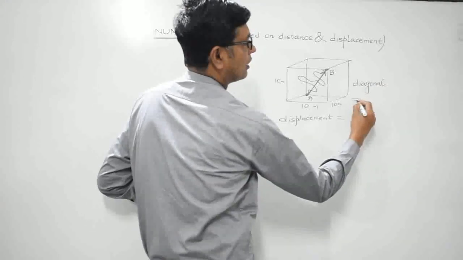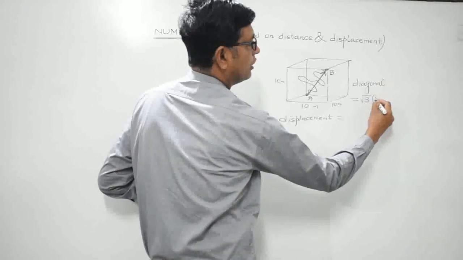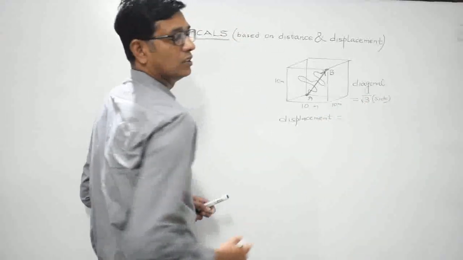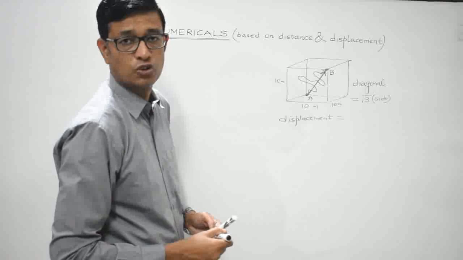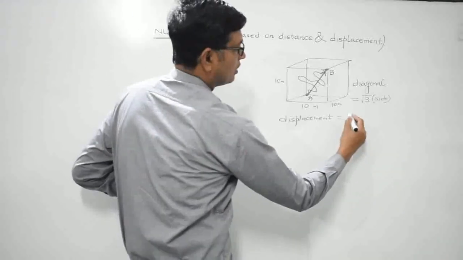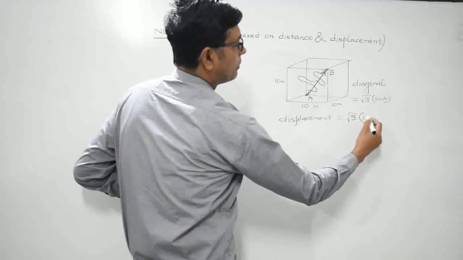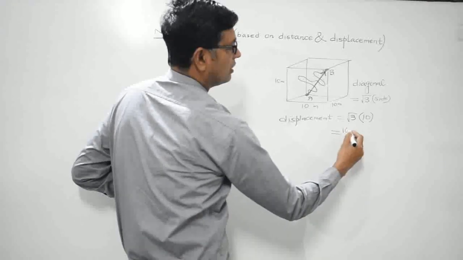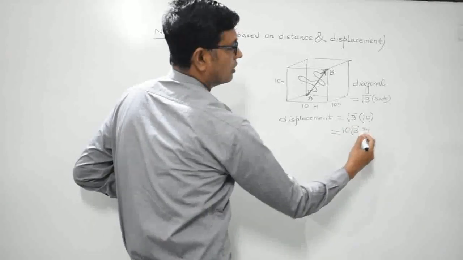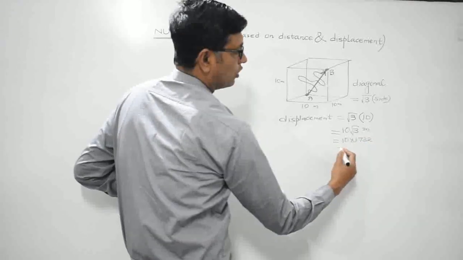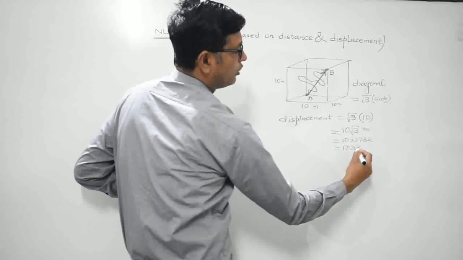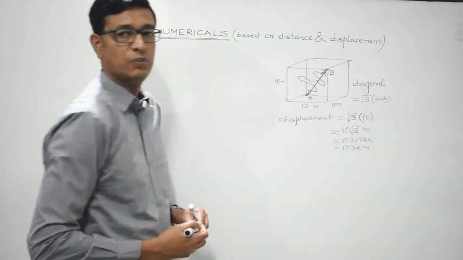Diagonal of a square is root 2 into side. Diagonal of a cube is root 3 multiplied by side. So it is root 3 multiplied by 10, or it can be written as 10 root 3 meter. That is, root 3 is 1.732, so it will be 17.32 meters. That's the displacement, right?